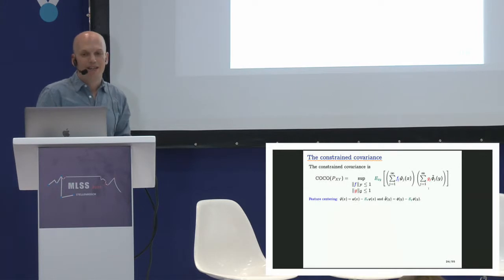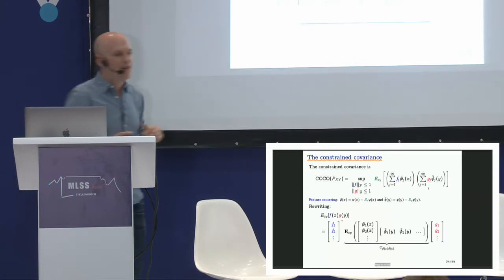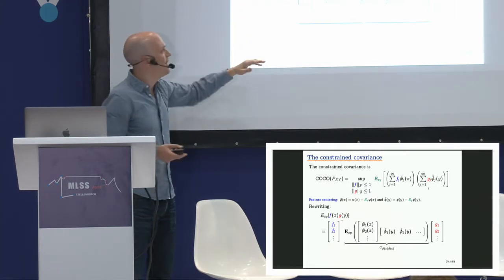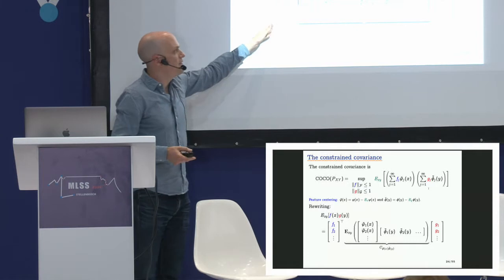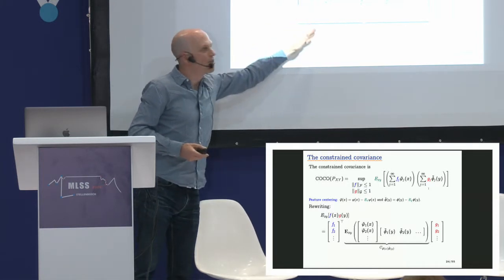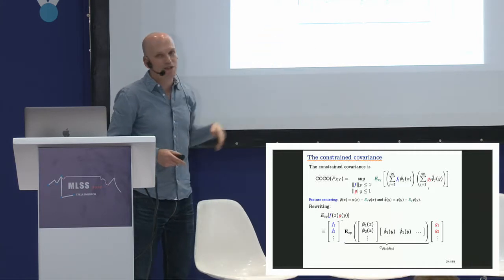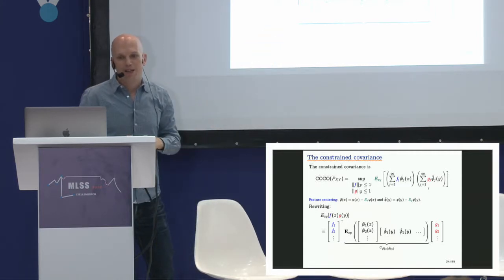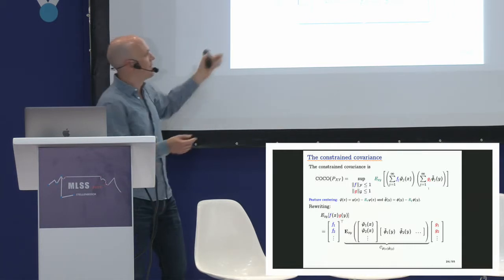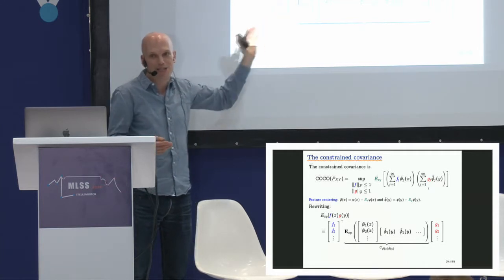Okay, so let's write this now in matrix form. I've got the expectation of the product of f of x, g of y. This is the vector of coefficients that define f. Then the expectation of the outer product of the features of x and of y times the vector of coefficients g. I've just taken the expectation inside because these coefficients f, of course, aren't random variables. They don't have an x in them.